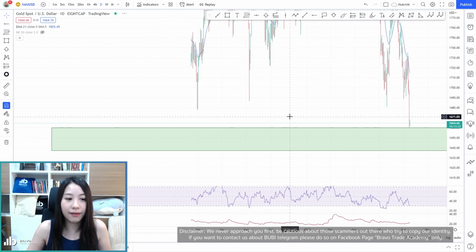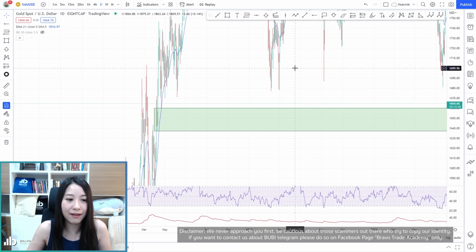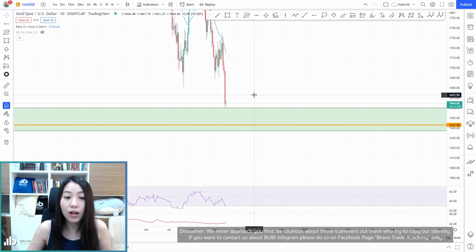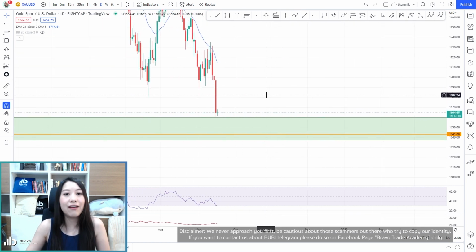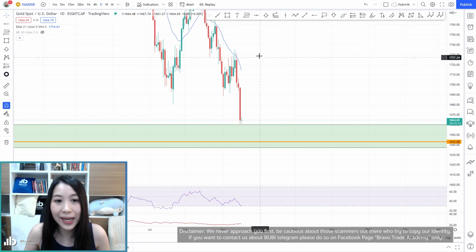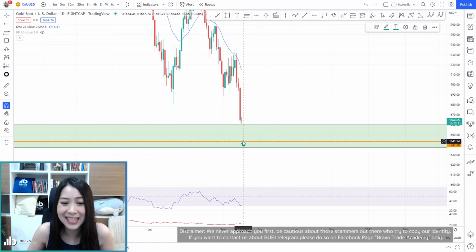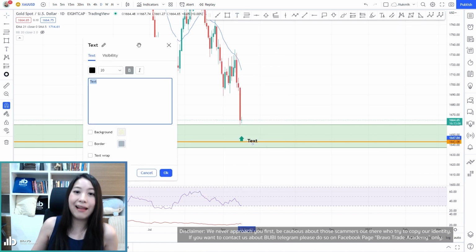However, in the daily time frame, we have this support at around 1643. And we have the extension from the weekly time frame as well. So I would say if you will go for a buy, you need to wait at a lower point than 1660 at the moment.